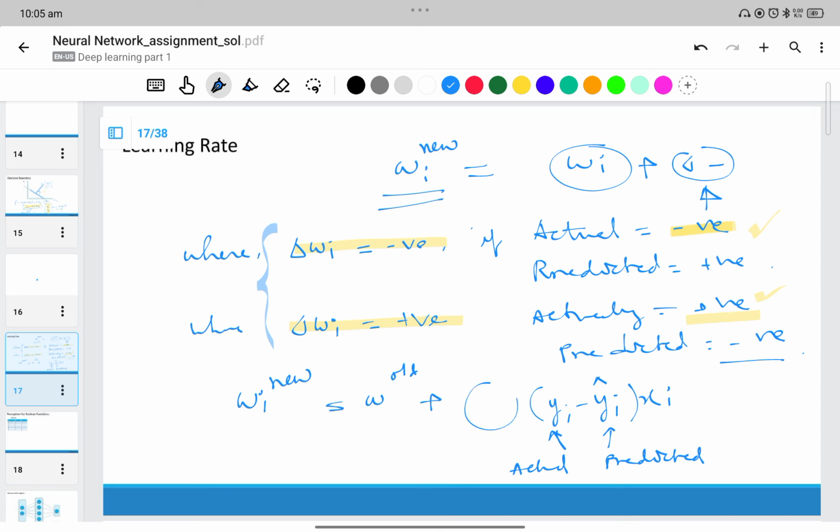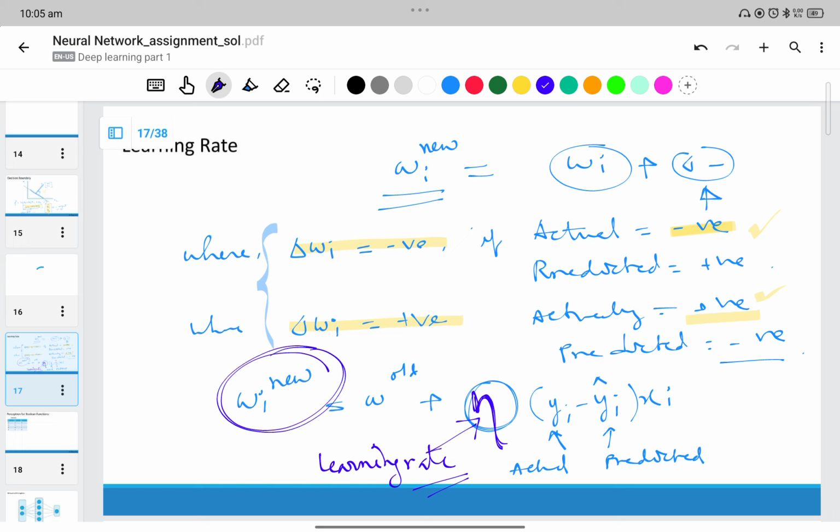This constant is called the learning rate. The rate at which we are learning how to change w is called the learning rate.